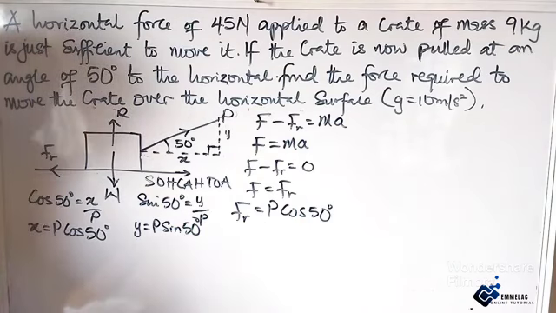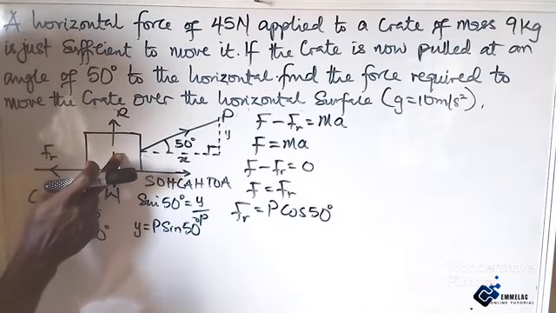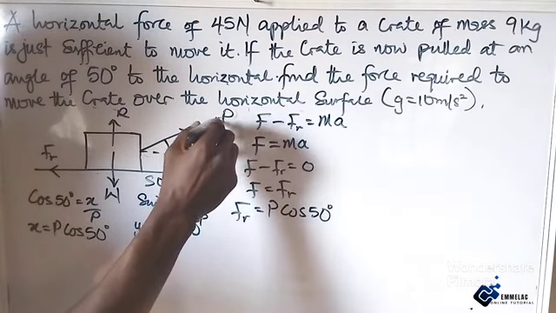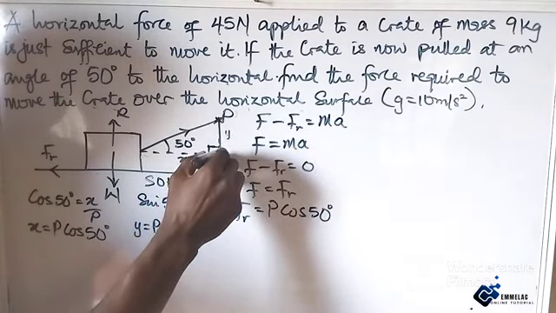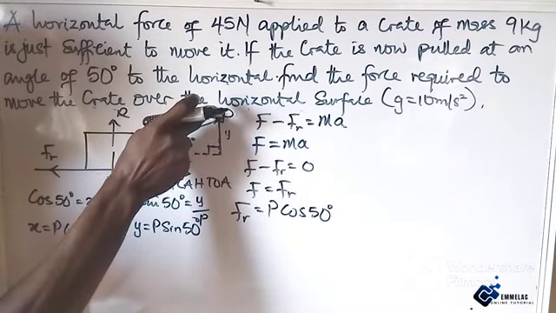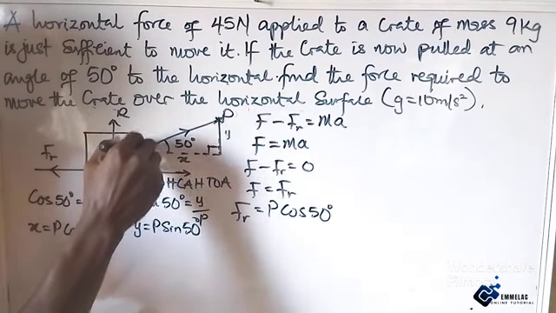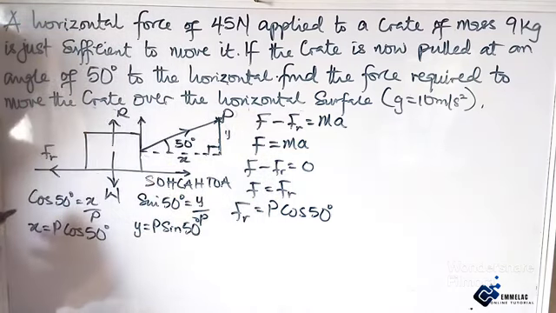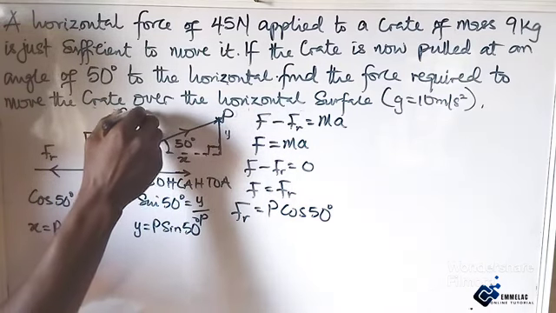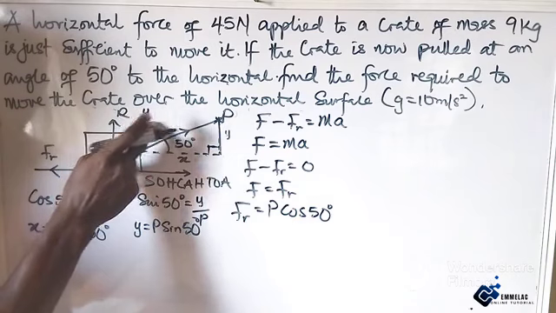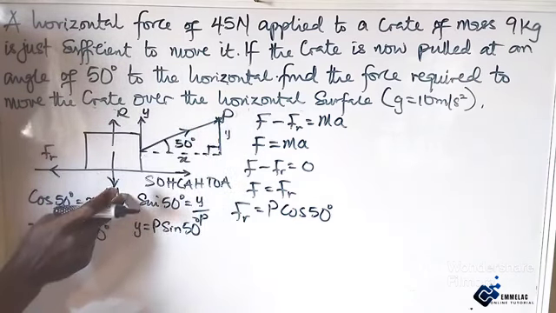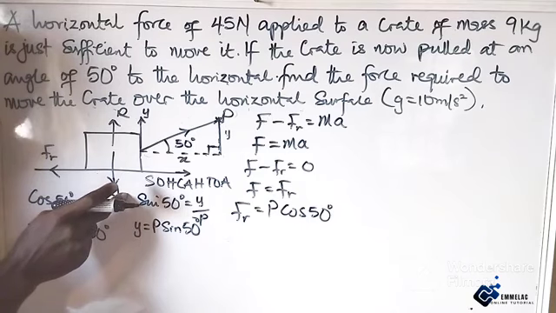Now let us come back here. We will see that the force acting upward here is the vertical component of this one, which is the y component of P, and these should be equal to this.